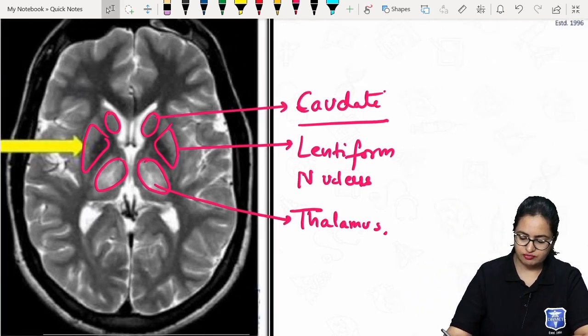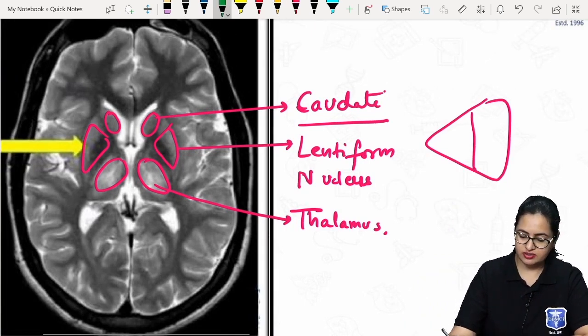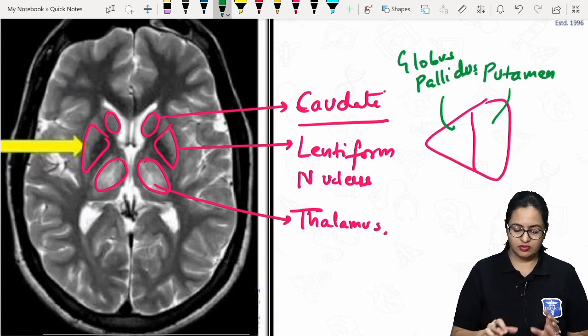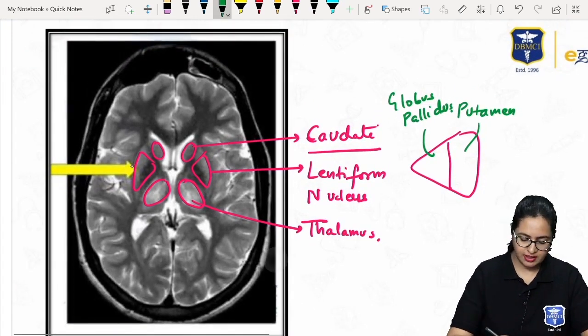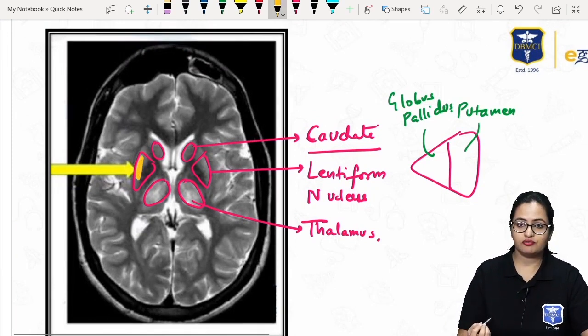Talking about the lentiform nucleus, it is divided into 2 parts: on the outer side, the putamen, and on the inner side, the globus pallidus. So the one present on the outer side of the lentiform nucleus is putamen, and the structure marked over here is the outer aspect of this lentiform nucleus.